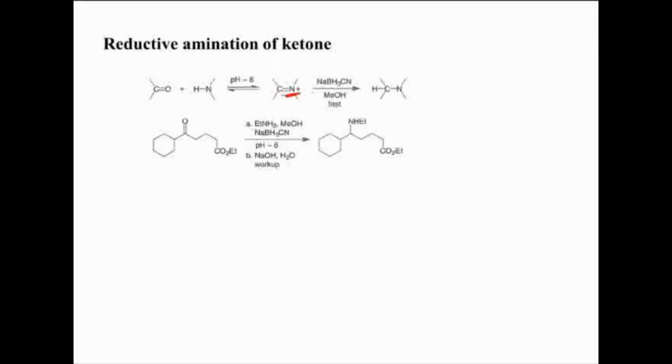Okay, so these imines on reduction give amines. So this is an example. We are having ketone and ester. Only the ketone group reacts. So if you use sodium cyanoborohydride alone, then ketone will be reduced to alcohol. But if you use amines also, then you will get the respective amines.